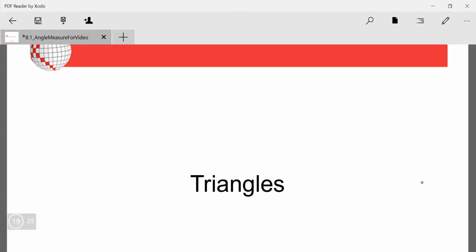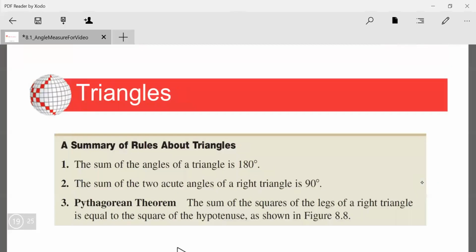So here are the first 3 facts about triangles. Well, the first, I'm sorry, this is not just for right triangles, it's for any triangle. The first one is that if you have any triangle and you add up the 3 angles, you are going to get 180.